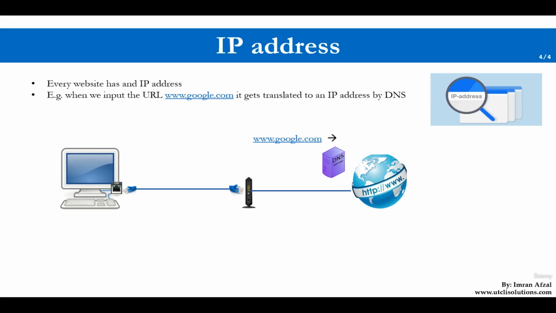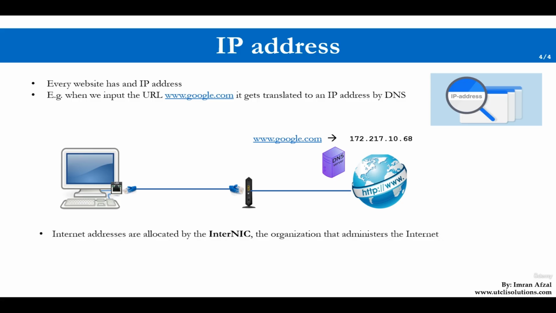That DNS server translates your request for Google to an IP address, and that's how it connects to the web server, because google.com is human readable, not computer readable. That is why there is a cheat sheet or translator on the DNS server which says, hey, I got a request for google.com, let me find out its IP, and it transfers that IP.